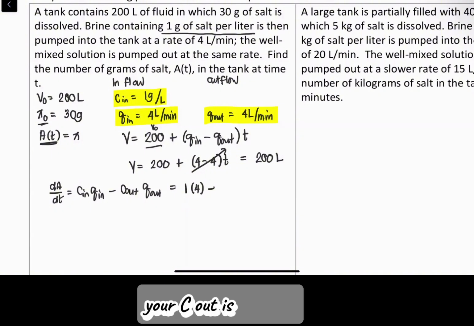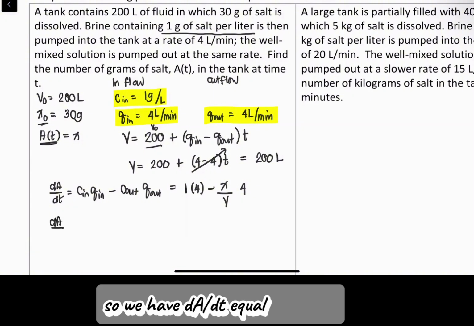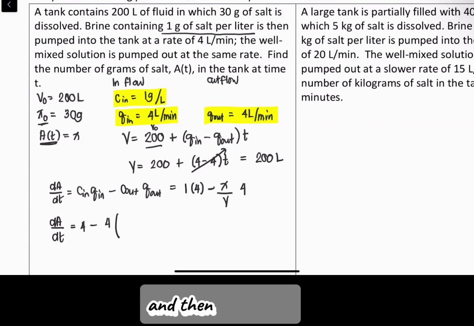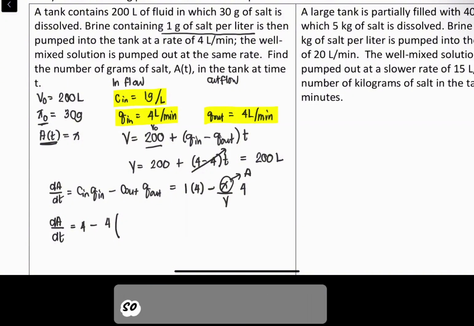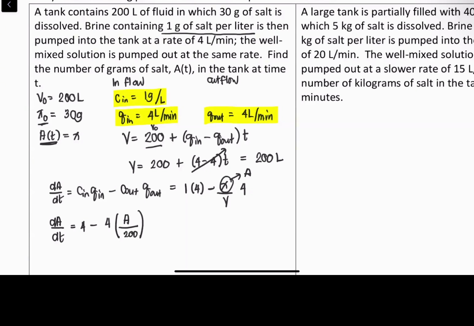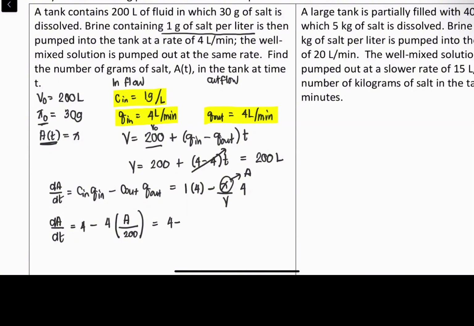Your C out is X over V times Q out, which is 4. So we have dA over dt equal to 4 minus 4. And by the way, your X is the amount of salt in the tank, so we can have it as A over 200. So this would now be 4 minus A over 50.